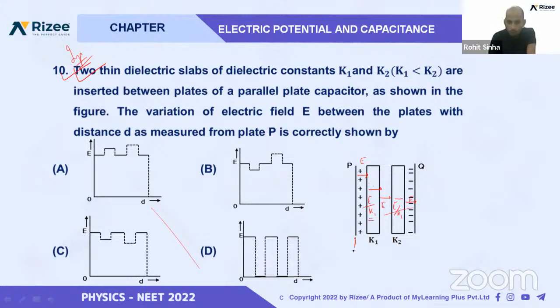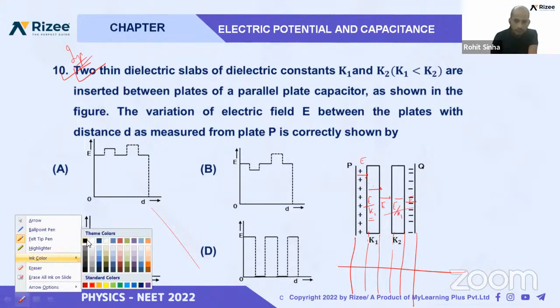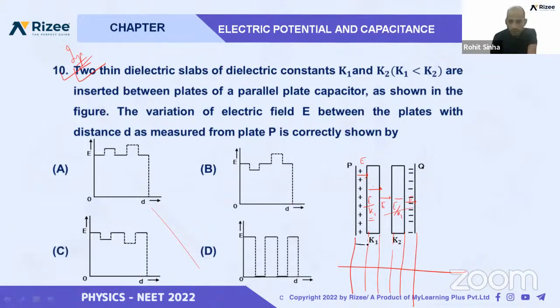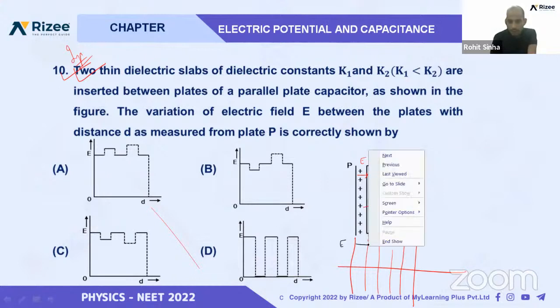So if we want to plot it, what will we do? We will plot like this using this equation. First it is E. After that it decreases because E by K will be less.